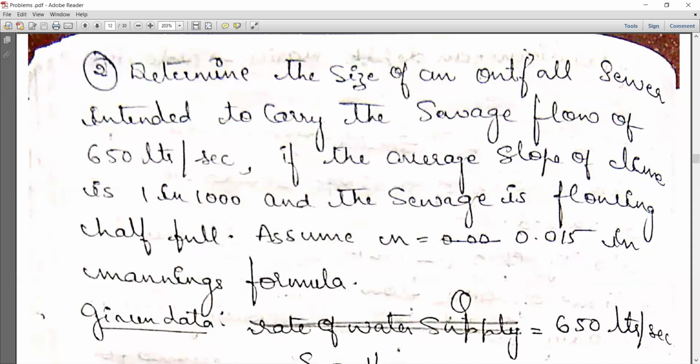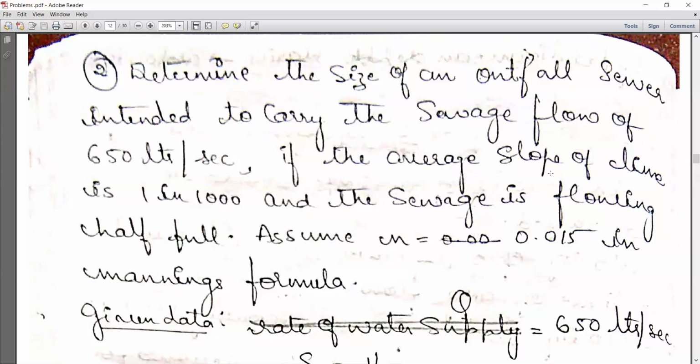Determine the size of an outfall sewer intended to carry the sewage flow of 650 liters per second.